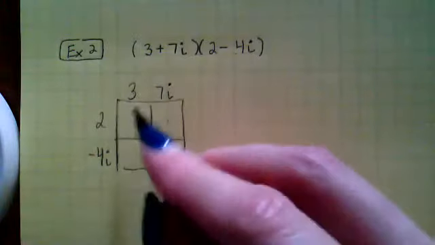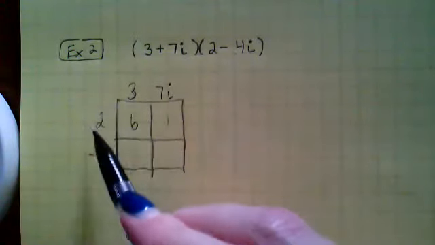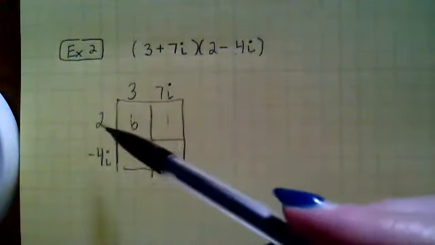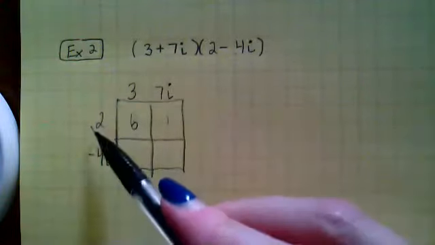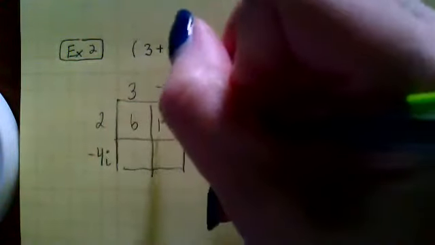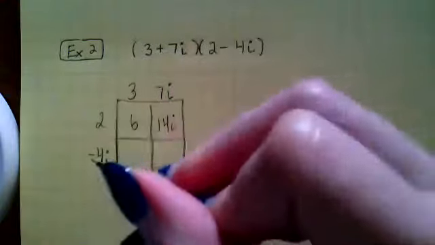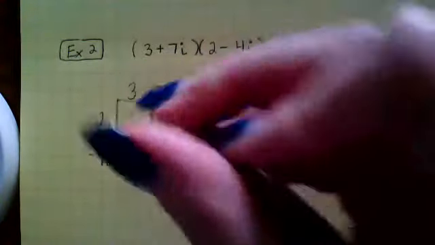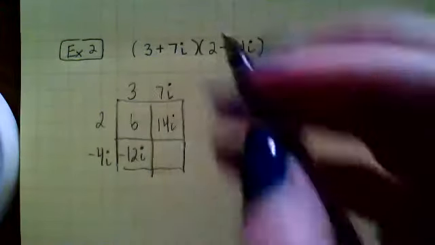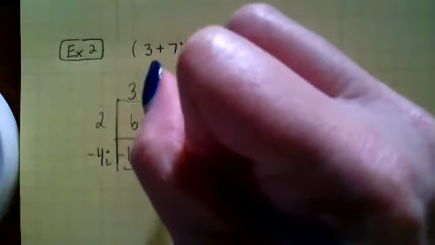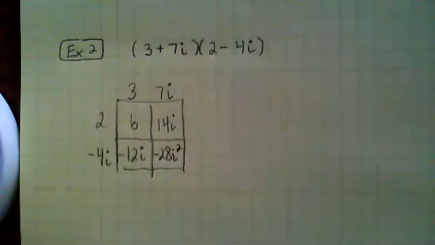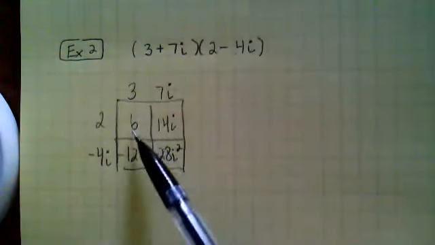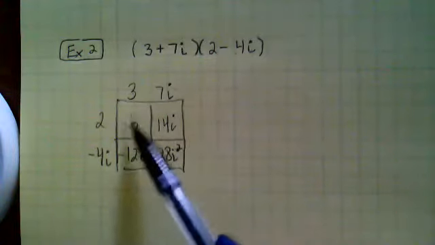So we get 2 times 3, which is 6. Remember, this just gives us an organized way to do the multiplication. 2 times 7i is 14i. 3 times -4i is -12i. And then we get -4 times 7, which is -28, and then i times i again is that i squared piece. Once we get our inside pieces, we can add them all up.